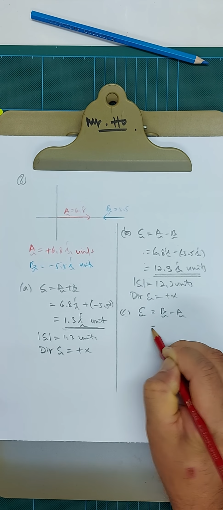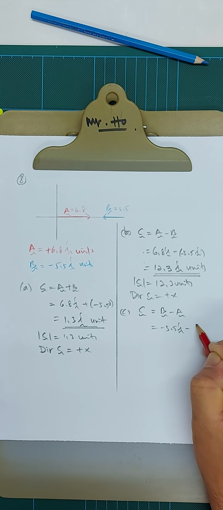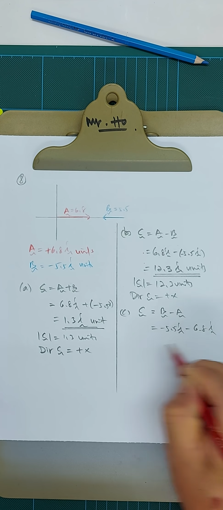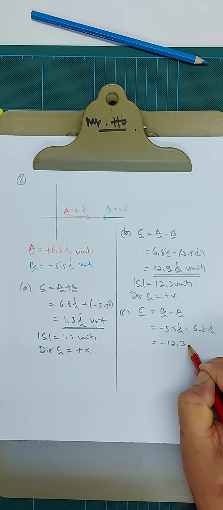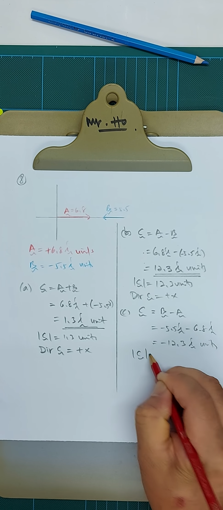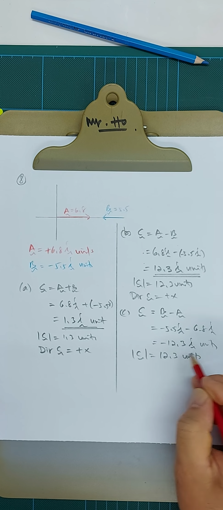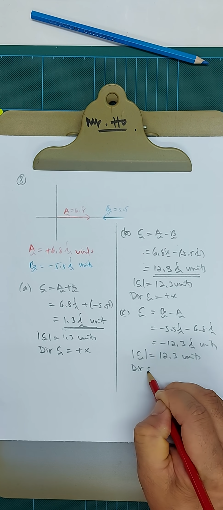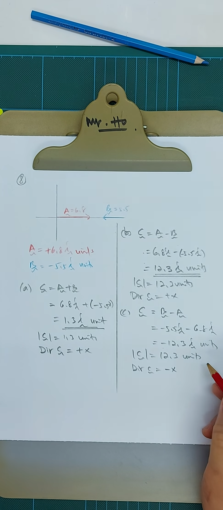Now the third one is B minus A. B is negative 5.5 i minus 6.8 i, so we get negative 12.3 i units. Our magnitude is the same as before, 12.3 units, but the direction now is negative i, which is the negative x direction.